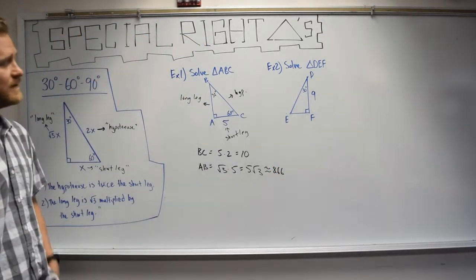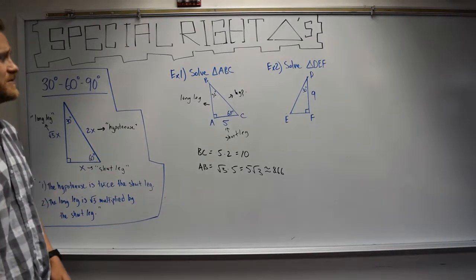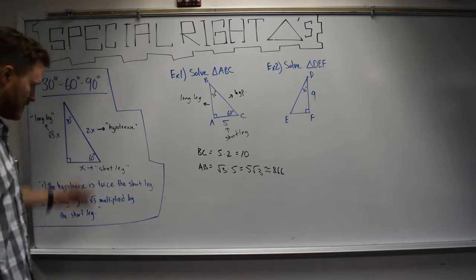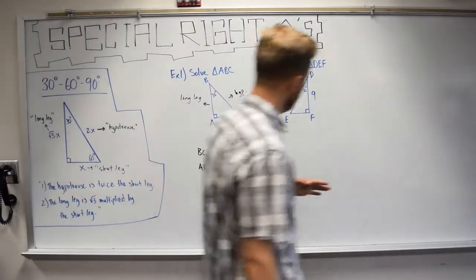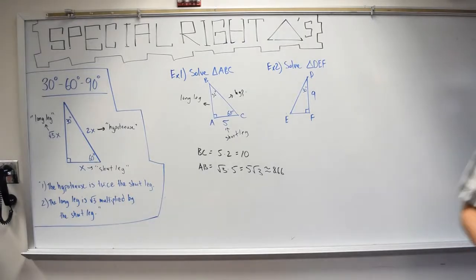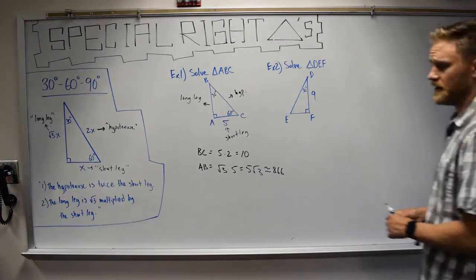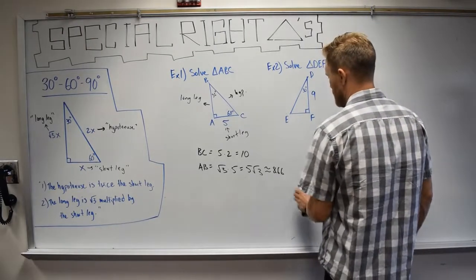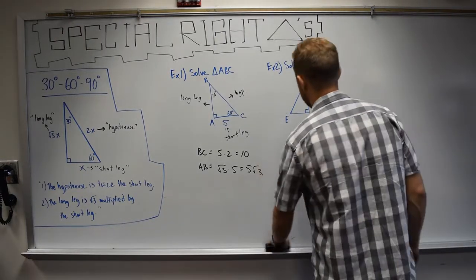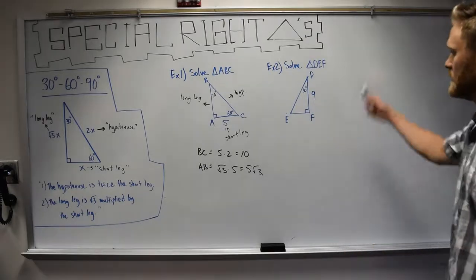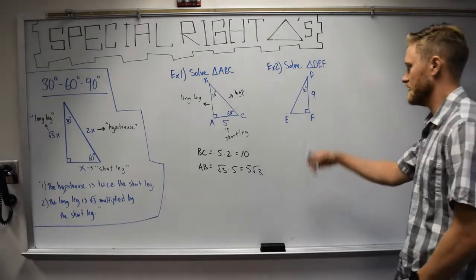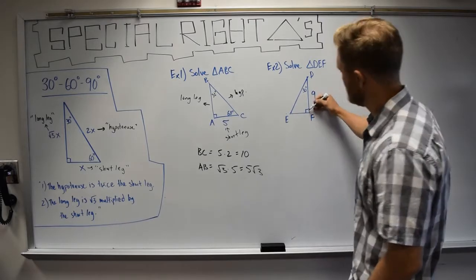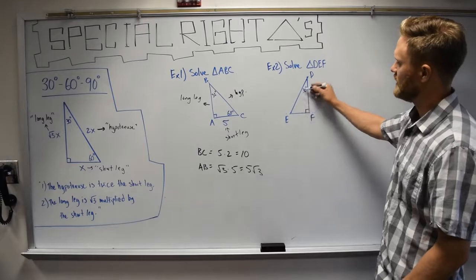All right. When you're given the short leg, it's pretty straightforward because the other two sides fall from the summary that we have here. When you're not given it in that way, it can be a little bit harder to solve, but we should still be able to do it. So in this one, we're going to start the same way. We're going to identify what the sides are and then try and solve the triangle. Because this is 90 degrees, these two have to add up to 90.